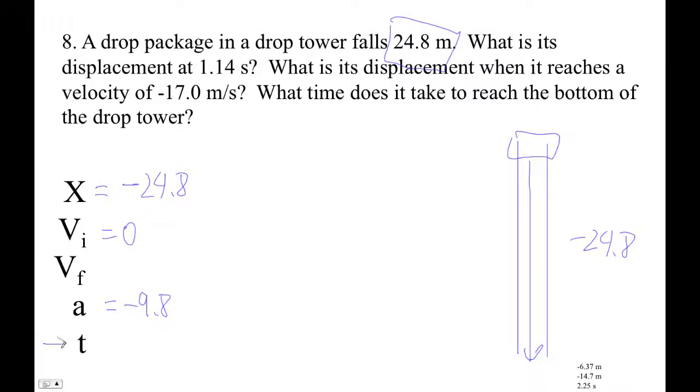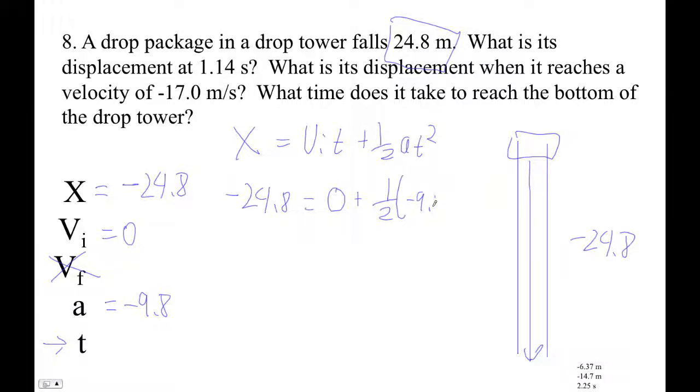And then we just want to find time, so we'll use no VF. So let's bust it out. x is ViT plus 1/2 AT squared. So negative 24.8 equals 0, that term is 0, it doesn't matter what it's multiplied by, plus 1/2 negative 9.8 t squared.